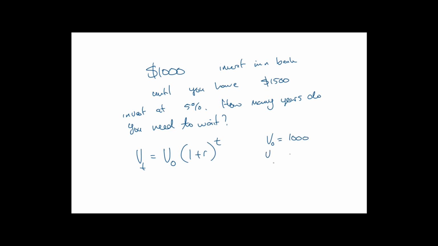We know that V that we're looking for is V5, and that's 1,500. And we know that time is not known, and the rate is 5%, which is 0.05 as a decimal. So now we can solve that. So 1,500 is going to be equal to 1,000 times 1.05 to the power of t. We need to solve that for t.